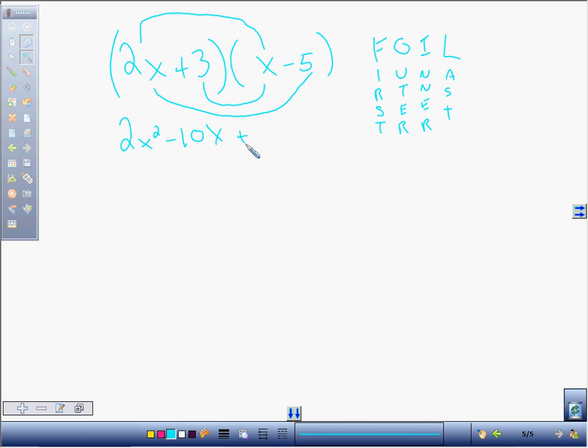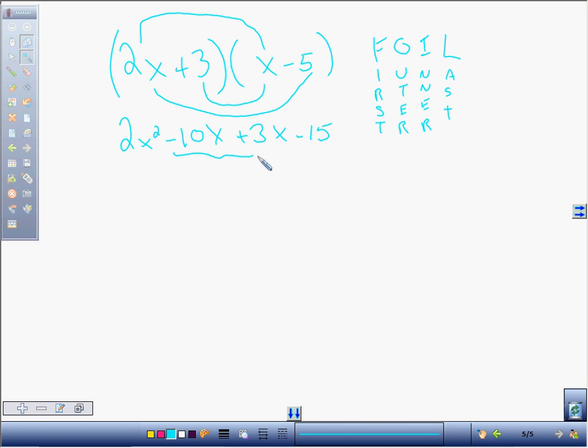3 times x, 3x. What's 3 times negative 5? Negative 15. And now I'm going to combine my like terms.